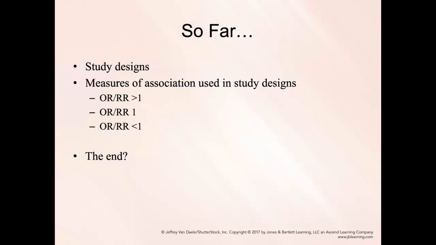Not necessarily. Establishing a causal relationship versus an association is actually a very complex and difficult thing to do. So in this module, we are going to spend some time talking about how we go about establishing causal relationships in epidemiology and what are some of the criteria that we can use, because just because we see an association does not mean that that association is a causal association.